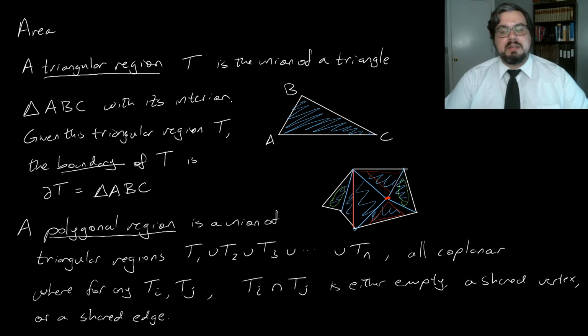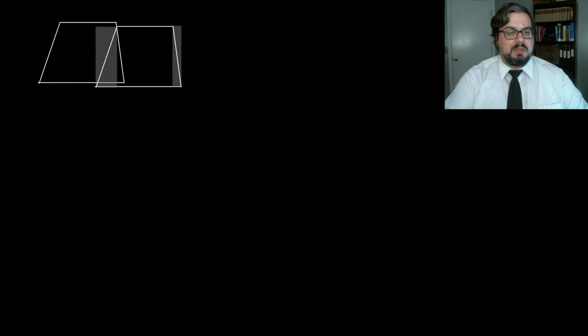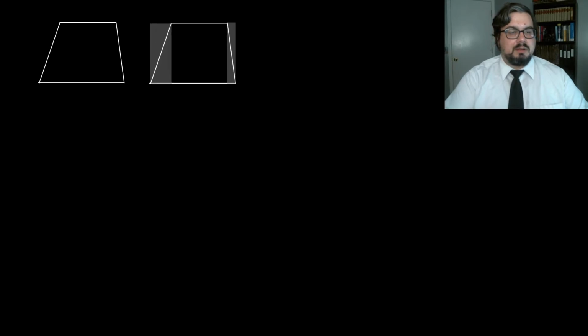Now, for a given polygonal region, there might be more than one way of expressing it as a union of triangular regions. So let's consider the same polygonal region here. Let me take that region, and then let me go ahead and copy it over here.